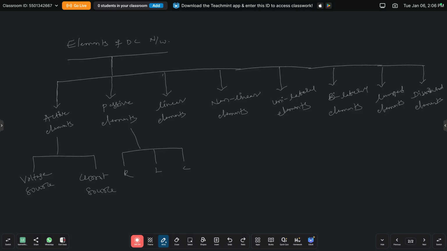First is the active elements. What is meant by active elements? An active element is an element which supplies electrical energy to the circuit.